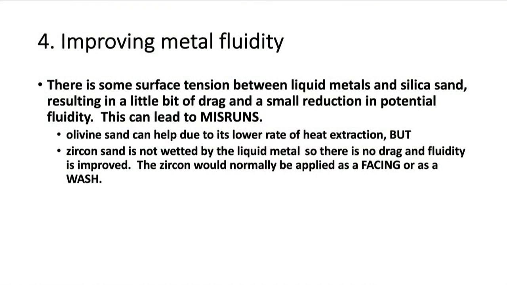So when we put zircon, or sometimes we put it on as a wash. What do we mean by a wash? We spray it on the surface of the mold with really fine-grained particles. So we might do a facing or a wash with the zircon. It's really expensive again, and we usually lose that material because it just gets mixed in with the green sand.